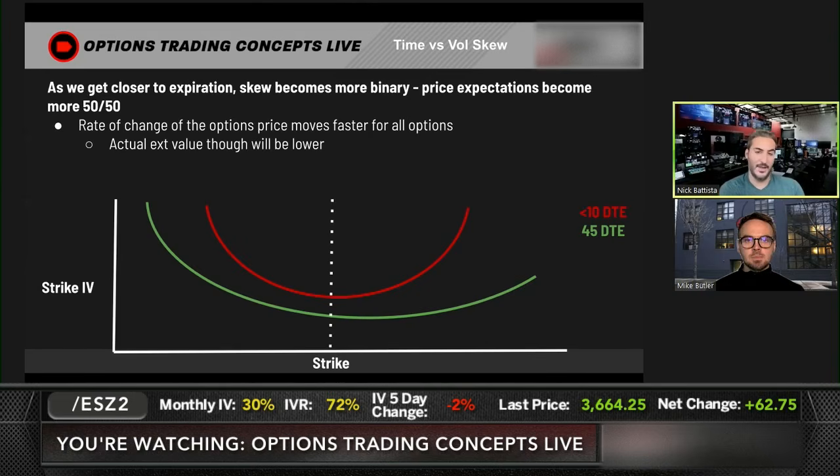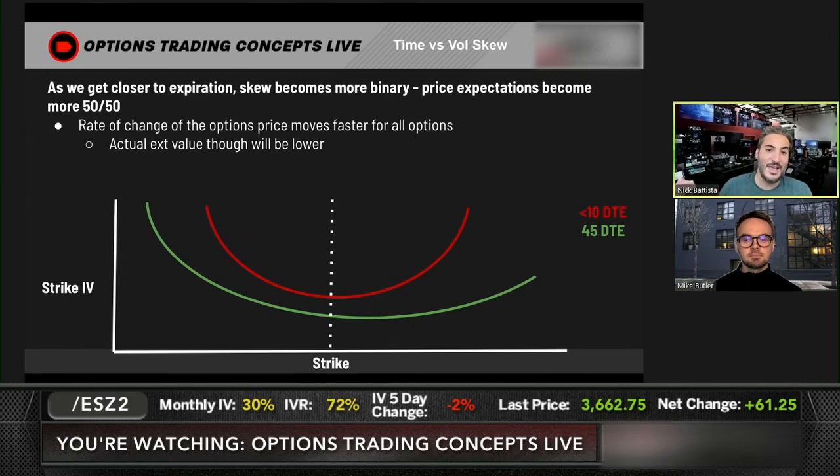So we're talking sub 10 days, even less than that, 2-3 days, where the outcome of the price movement is 50-50. You get that sort of U-shaped distribution, because you have so little time left, right?